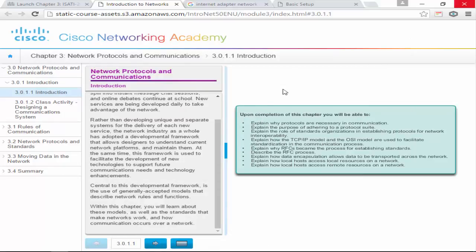In this chapter 3, we're going to explain why protocols are necessary in communication, explain the purpose of adhering to a protocol suite, explain the role of standards organizations in establishing protocols for network interoperability, explain how the TCP/IP model and the OSI model are used to facilitate standardization in the communication process, explain why RFCs became the process for establishing standards, describe the RFC process, explain how data encapsulation allows data to be transported across the network, explain how hosts access local resources on a network, and explain how local hosts access remote resources on a network.